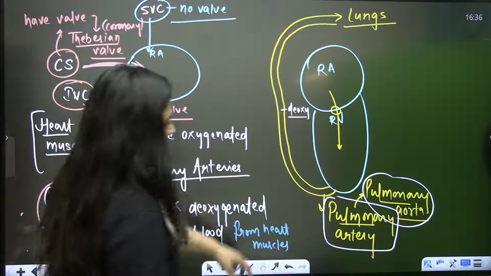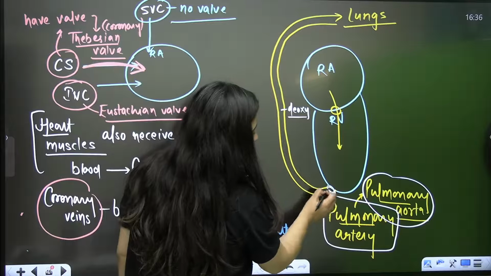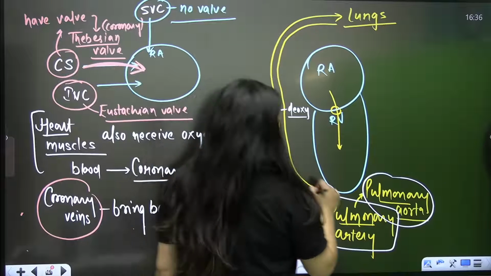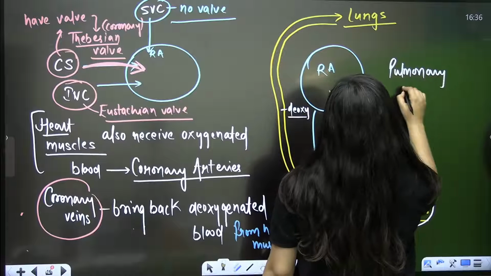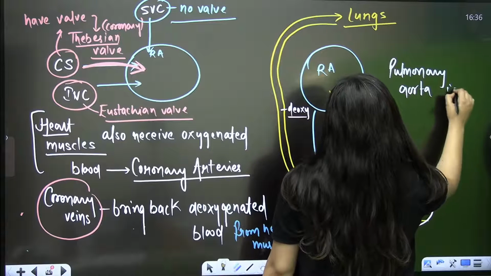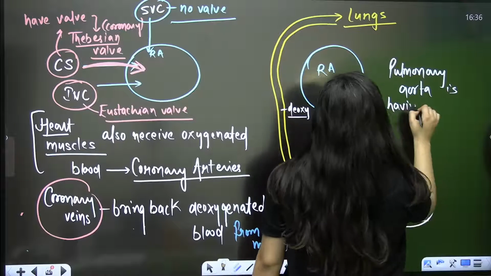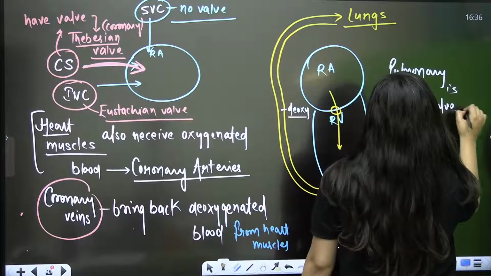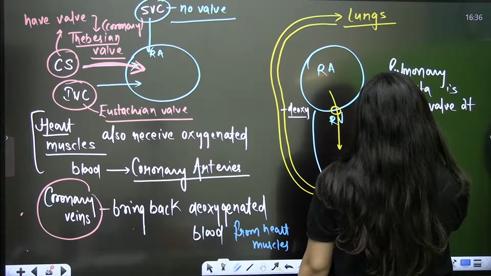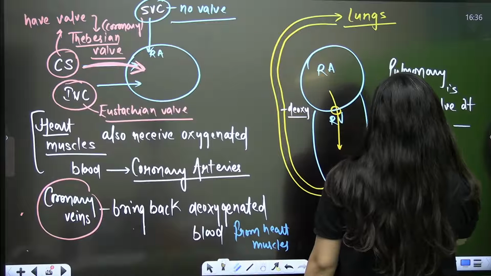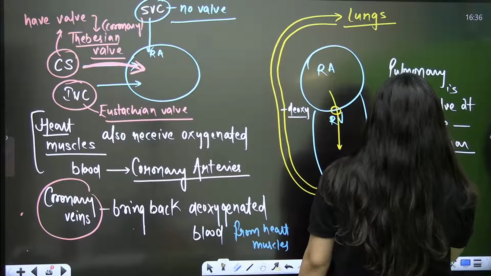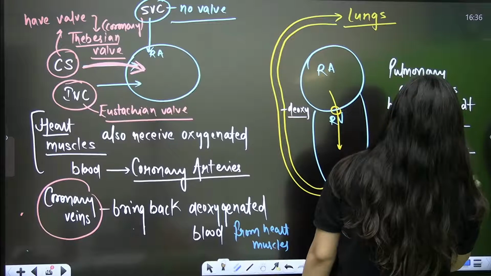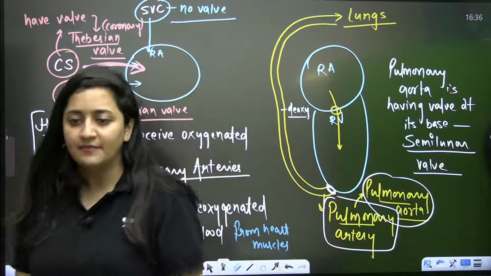And this pulmonary aorta also has a valve at its base, known as the semi-lunar valve: semi means half, lunar means moon-like, so a half-moon-like valve.